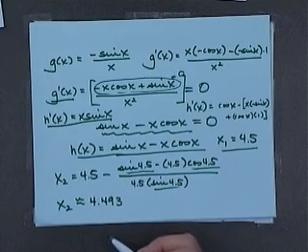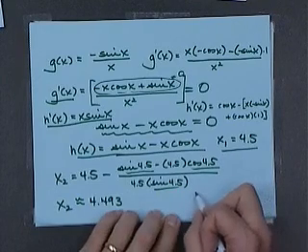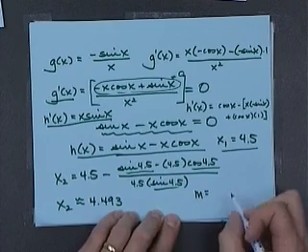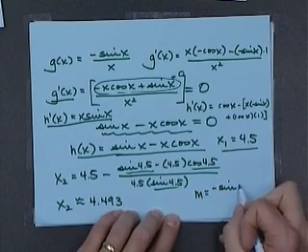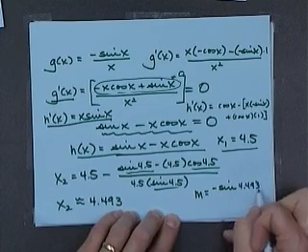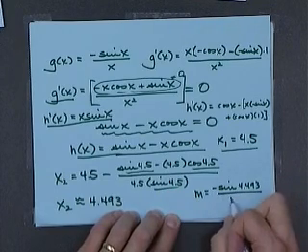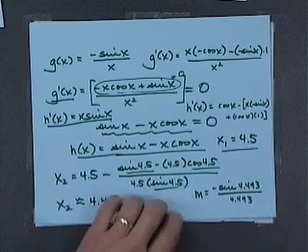Negative cosine of x or negative sine of x over x. So when we want to check the slope where we are, let's just say we're going to go negative sine of 4.493 over 4.493, right?